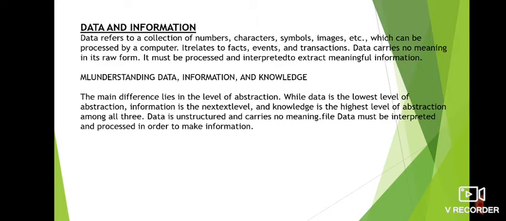Data carries no meaning in its raw form. It must be processed and interpreted to extract meaningful information. It means data itself has no meaning, but information has some meaning.